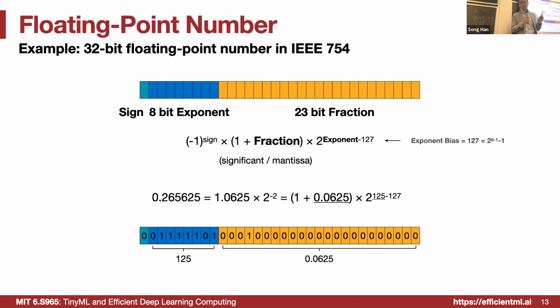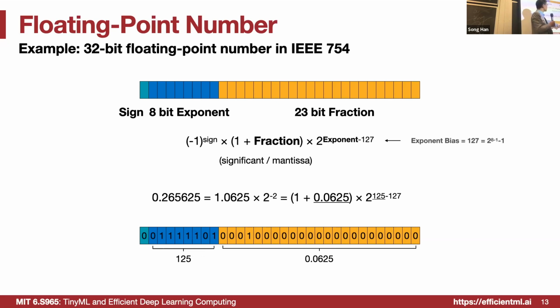When you're training neural nets, especially during the first couple of iterations, the gradients can vary a lot. So the dynamic range is pretty large. The largest number and the smallest number can differ a lot. So using such a floating point representation with the same number of bits, we can have a much larger dynamic range. Let's see, for example, what number it represents.